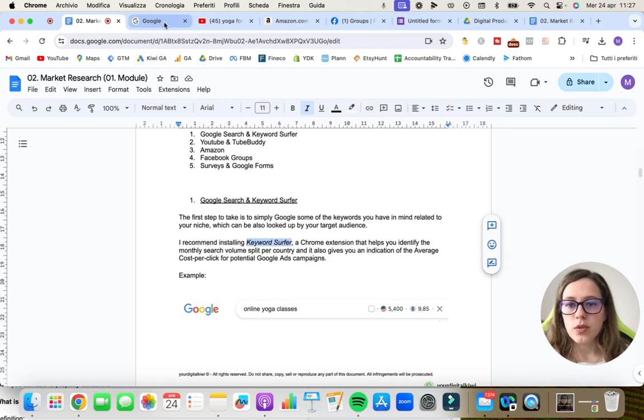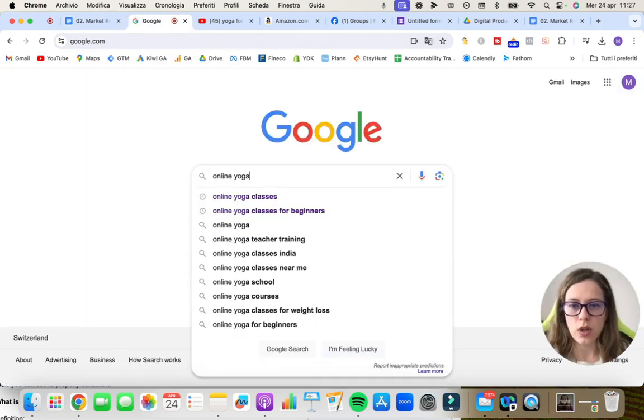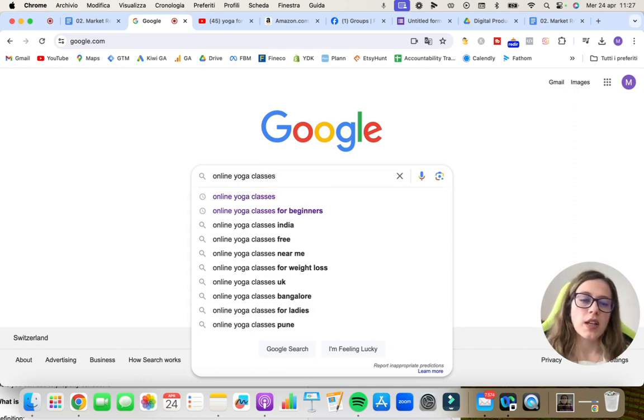An example: let's type in online yoga classes, and here already you have some ideas of what people may look at. India, as you can see here, Bangalore, Pune, India, is widely searched, but we can start, for example, with online yoga classes like this one.